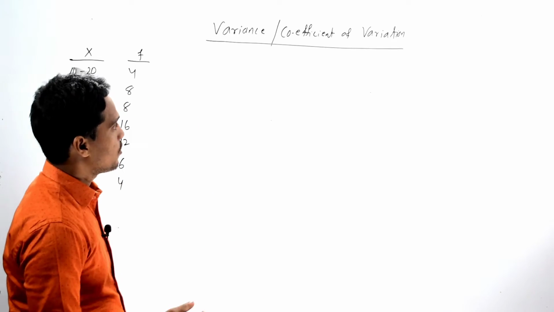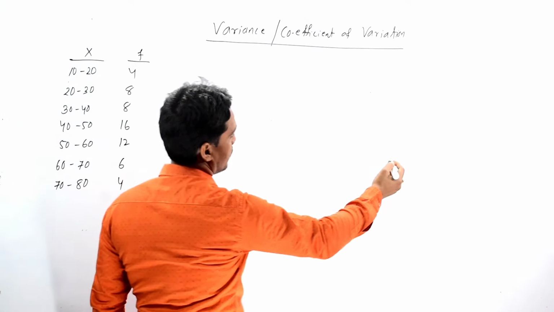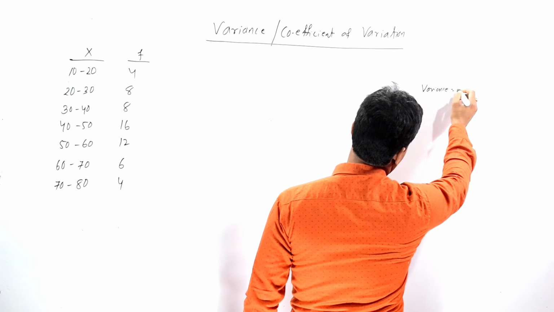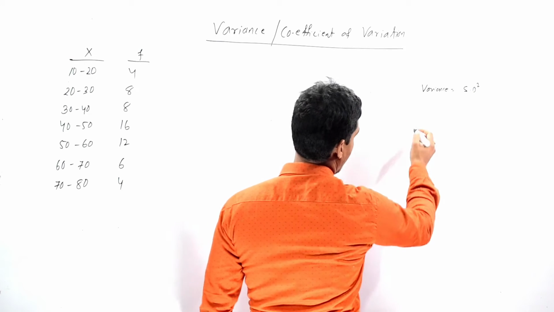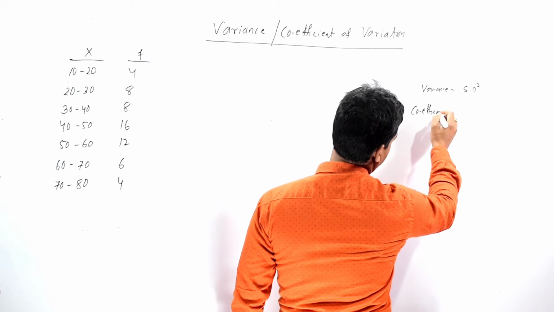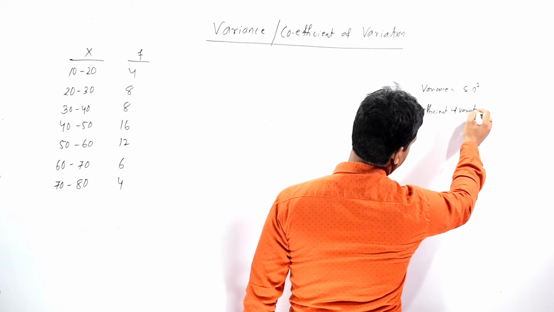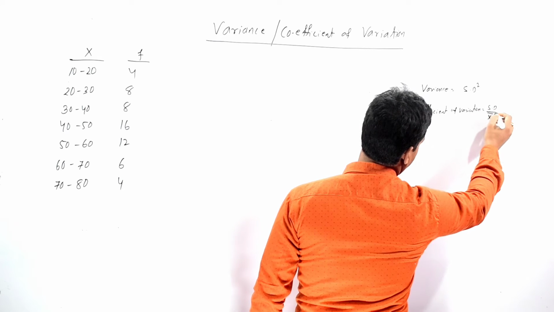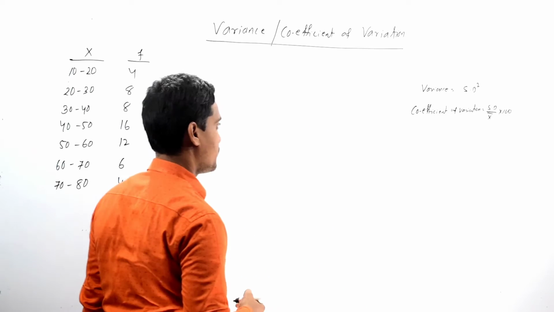So the rule of variance is variance equals the square of standard deviation, and coefficient of variation equals standard deviation by x bar into 100.